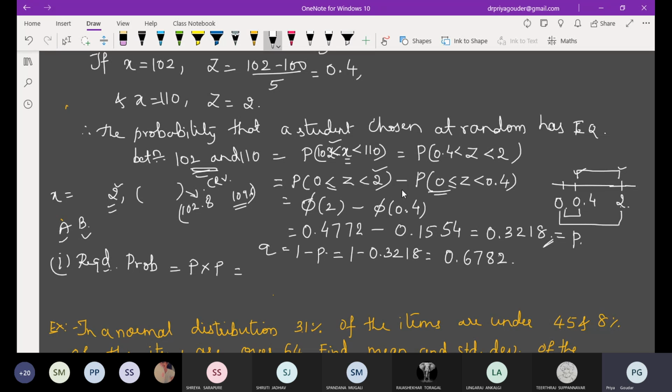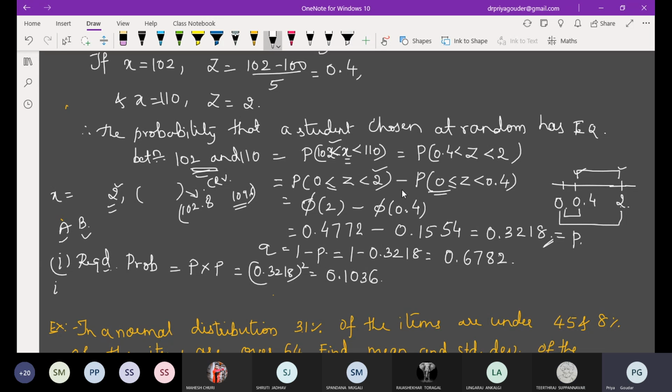So this is P into P. In probability, whenever you use the word or, it is addition, and whenever you use the word and, it is multiplication. So it is A and B, so I'm writing P into P. Tell me what is the answer? 0.1036. Round it off.